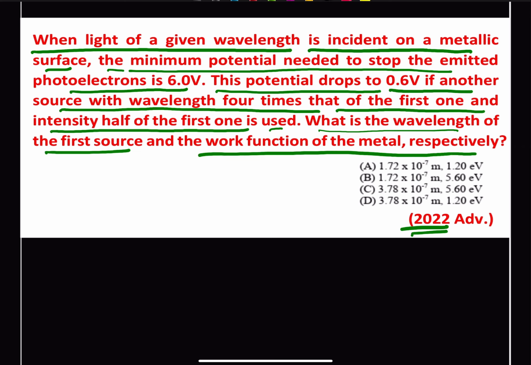Okay. So in this case we are given that we have two wavelengths and the respective stopping potentials are given as 6 as well as 0.6.